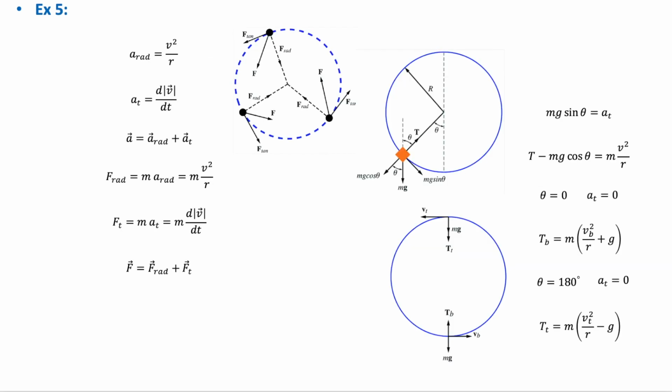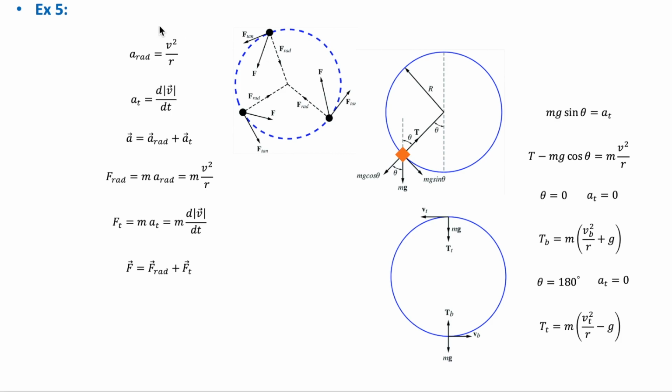So let's consider this example. In the video on kinematics of circular motion, we have shown that non-uniform circular motion has both a perpendicular and a parallel component of acceleration. The perpendicular component is the centripetal radial acceleration, due to the change in the direction of the velocity, and this is the tangential component of acceleration due to the change in the magnitude of the velocity.